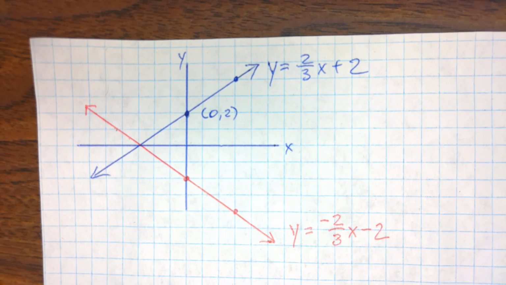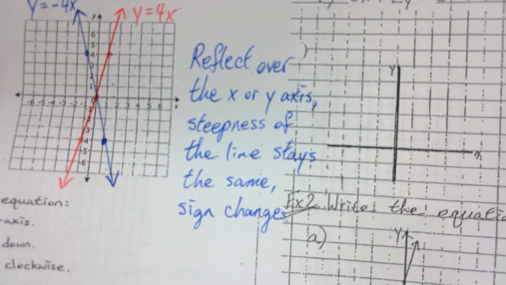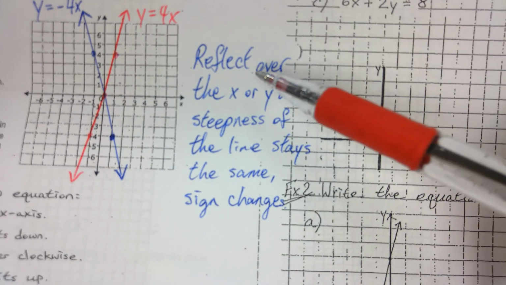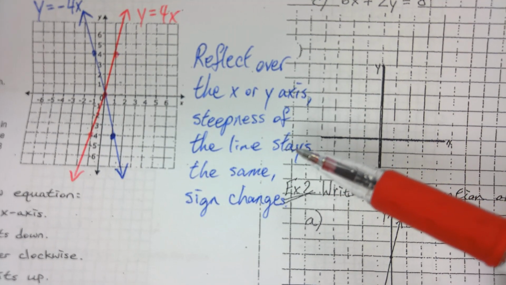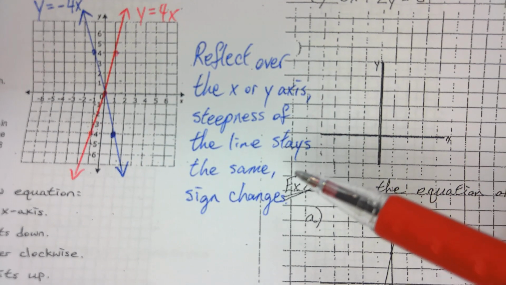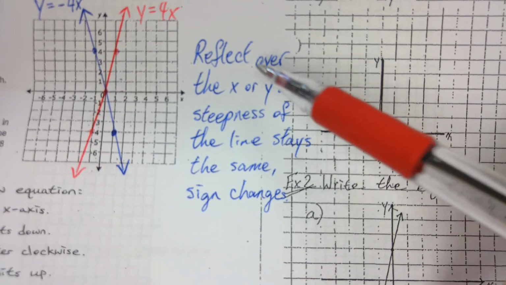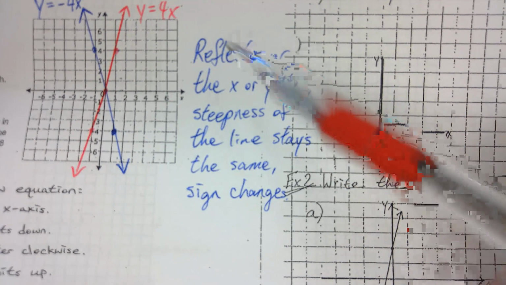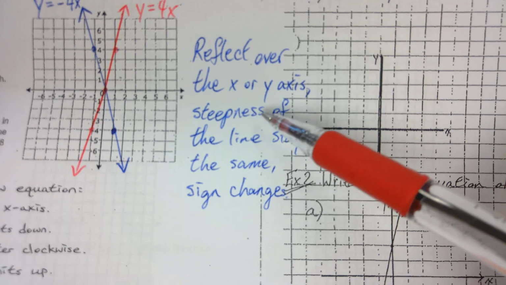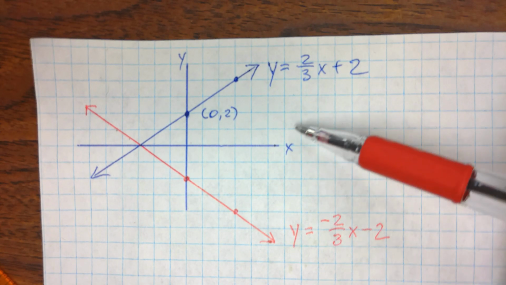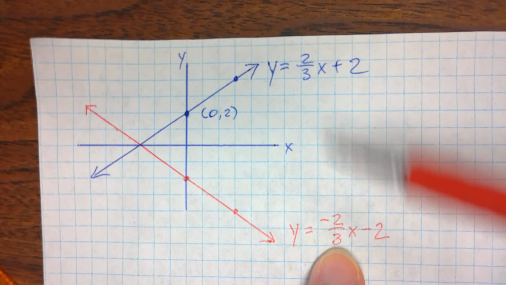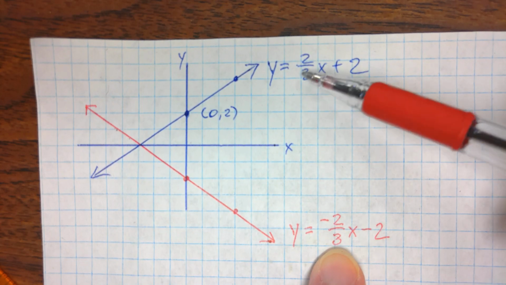Okay, so right here, when I set my conclusion, notice I didn't talk about the y-intercept because y-intercept could change. What I've mentioned right here is when you reflect it over the x or the y, the steepness of the line stays the same. So here, the steepness of the line stays the same, not necessarily the same slope, right?